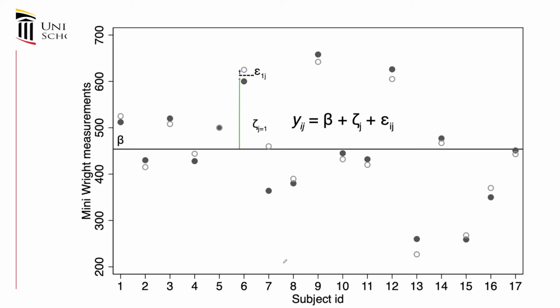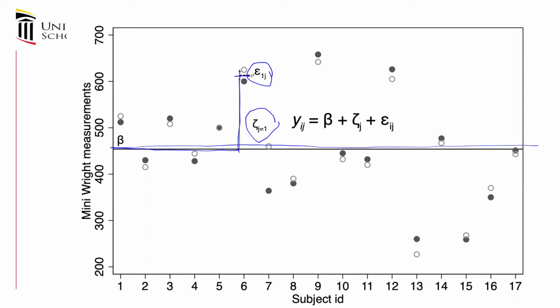All right, so let's look at the model that we had earlier when we talked about the variance components. If you recall, we identified a zeta and an epsilon. The zeta represents the difference between the grand mean across all subjects and the individual's mean.